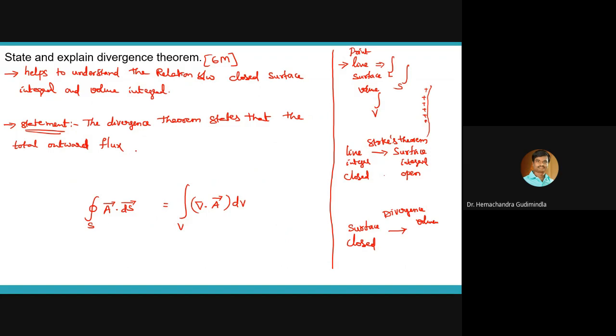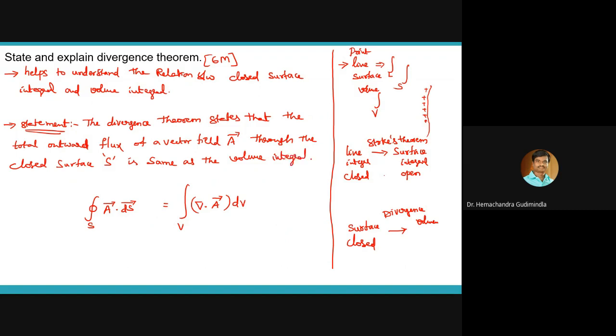The total outward flux of a vector field A bar through the closed surface is the same as the volume integral of del dot A bar, which is the divergence of A bar.